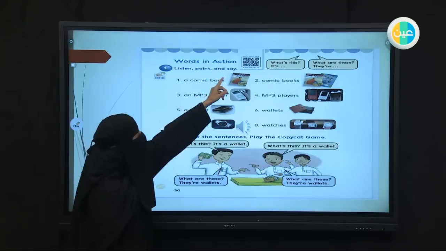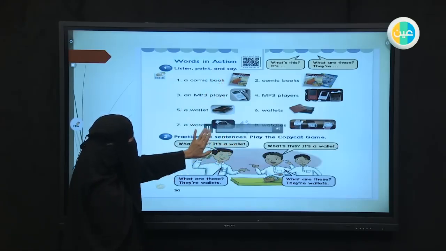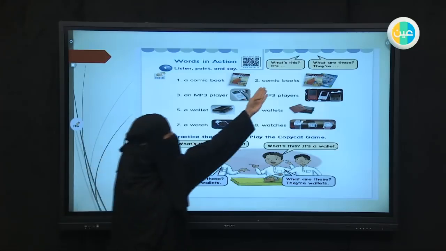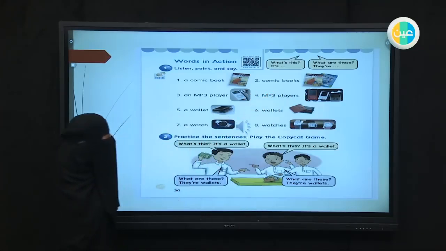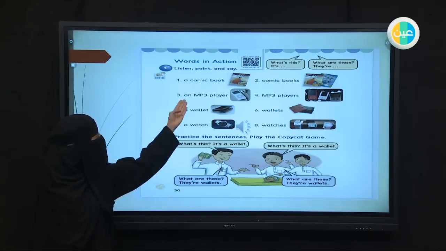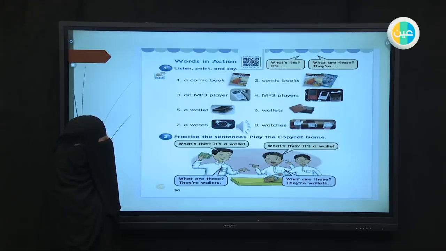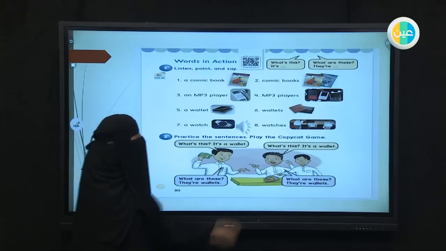Listen, point, and say. 1. What's this? It's a comic book. 2. What are these? They're comic books. 3. What's this? It's an MP3 player. 4. What are these?